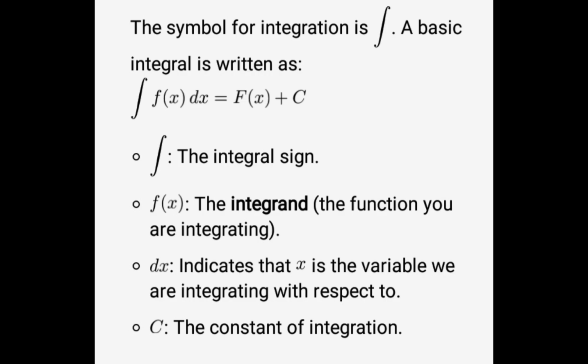This is the integral sign. f of x is the integrand. dx indicates that x is the variable we are integrating with respect to. C is the constant of integration.